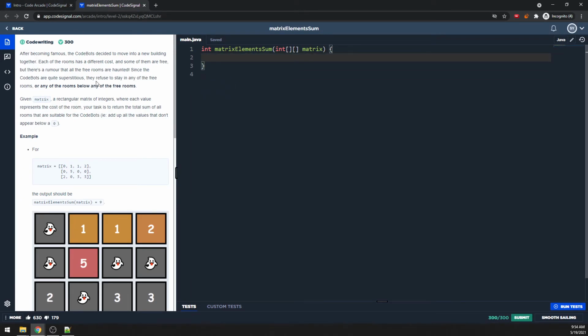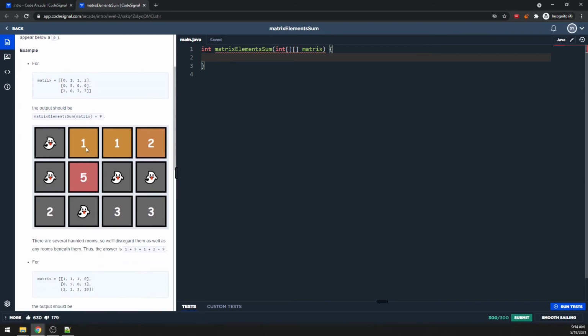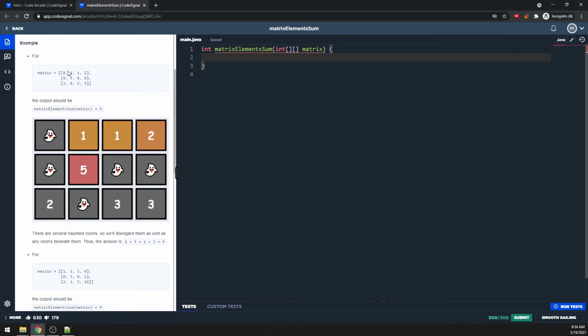After becoming famous, so you are given a metric. Okay, so when you see 0, they refuse to stay in any of the free room or any of the room below it. So you loop through the column, right?